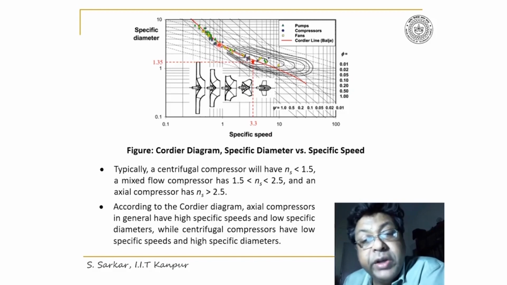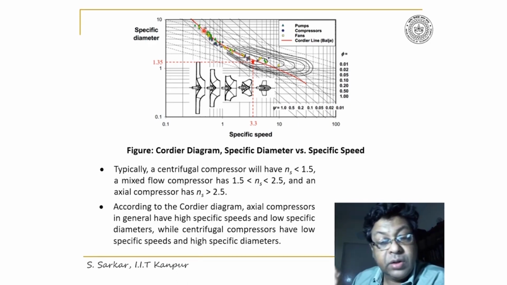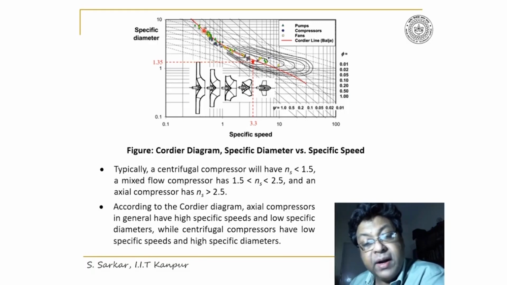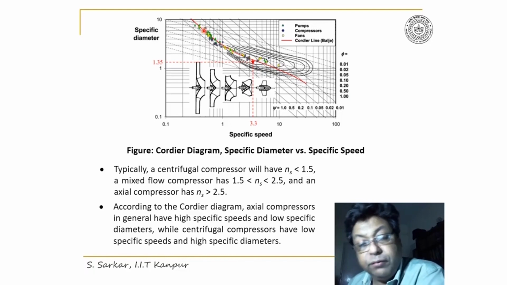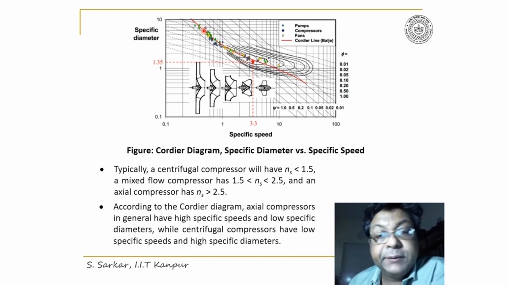efficiency. So we have superimposed some pumps, compressors, fans. Few are radial flow impellers, few in the mixed flow zone, and few are axial flow machines.